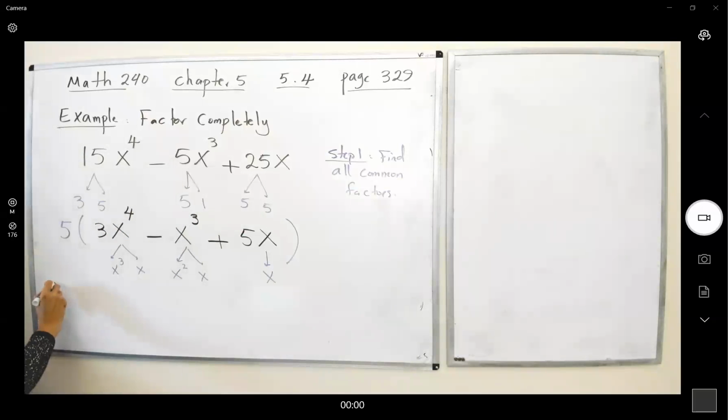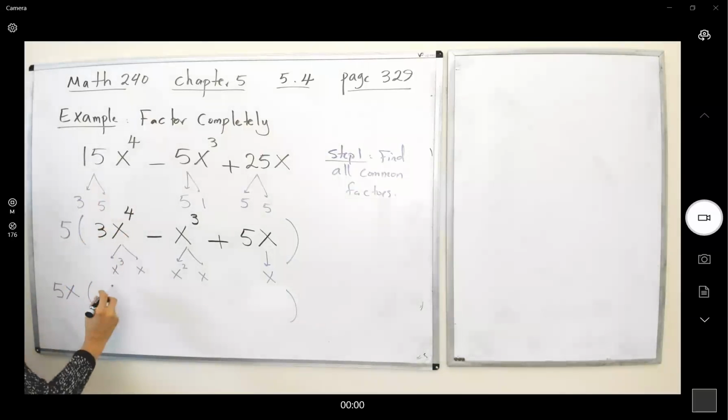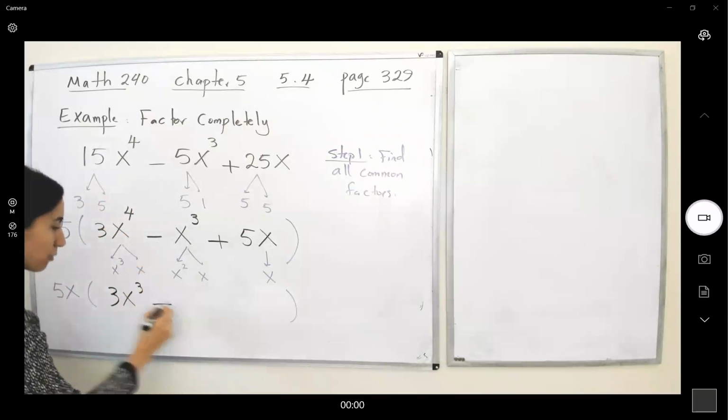So 5, I already took out 5. 5 was a common factor. Now I'm going to write x next to it, parentheses. By taking out x from this expression, I'm left with 3 times x cubed, 3x cubed. The operation is subtraction.